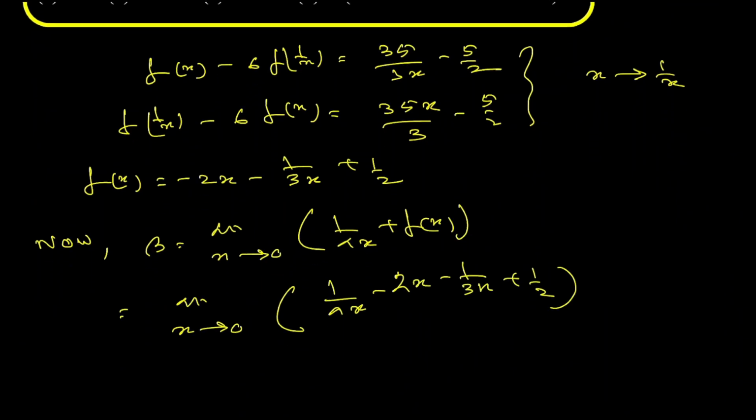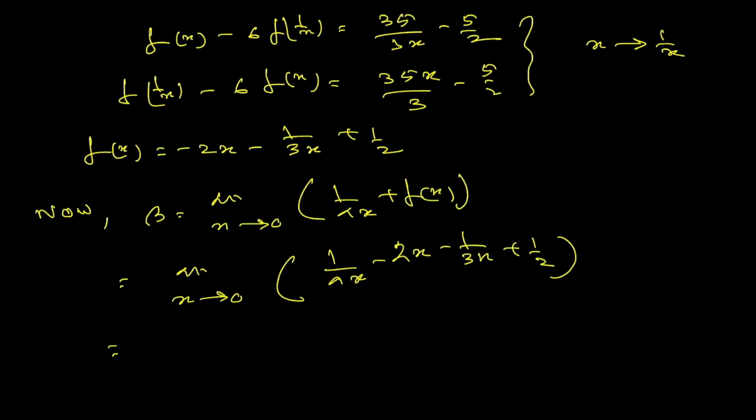Everybody understand one thing, if I take 1/x common here, limit x tends to 0, 1/x common, so (3 minus alpha)/(3 alpha), and separately plus half. Now this is equal to beta.